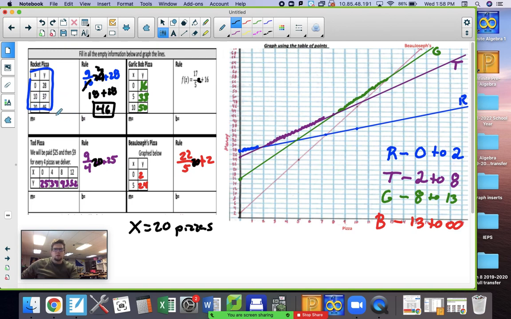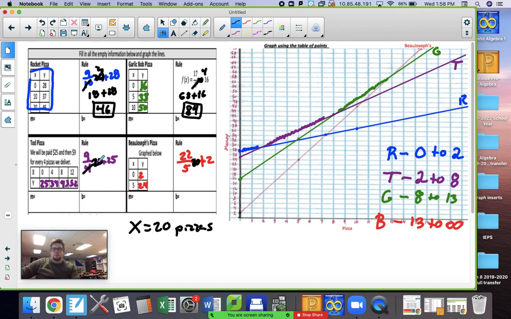I didn't even have to do the work. Over here, the 20 divided by 5 gives us 4. 4 times 17, so that's 68, plus 28... Plus the 16 we're given just for working that day, so that's 84. Much more of a difference.